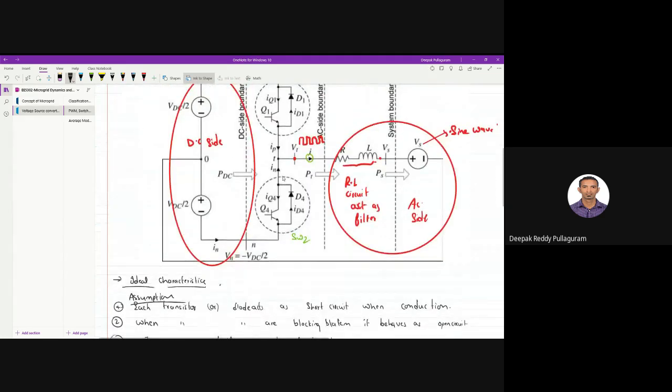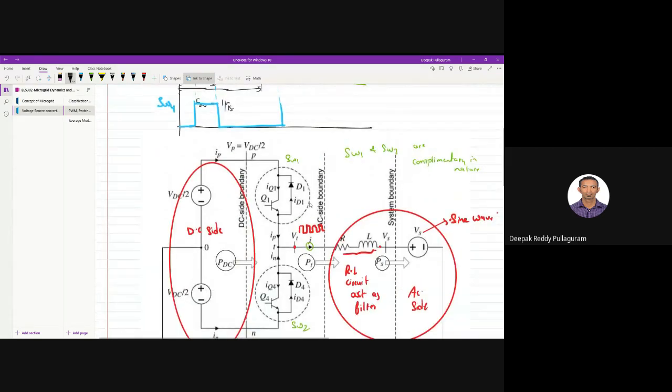We assume that current flowing in this direction, from DC to AC, is positive. The power is also taken the same way: power flowing from DC to AC is taken as positive AC power. These arrow directions you just remember.